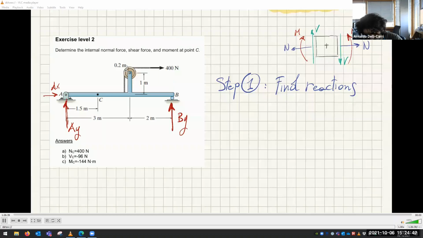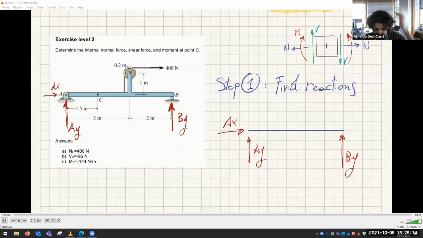Okay, so if I do this, I get AY, I get BY, I get AX. Make this shorter. I have AX. And what do I have here?